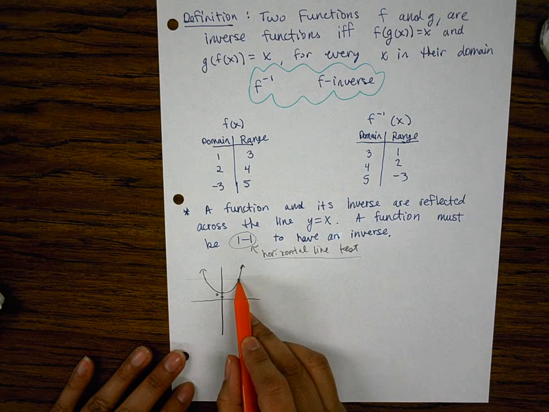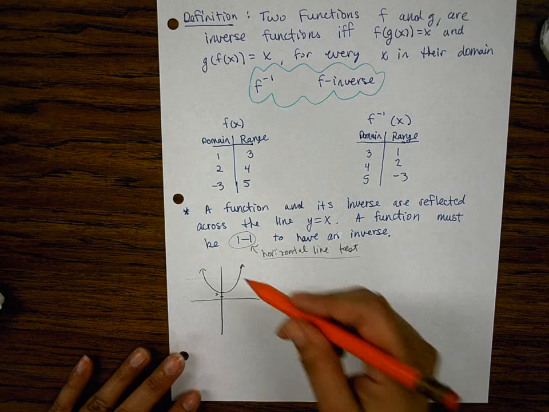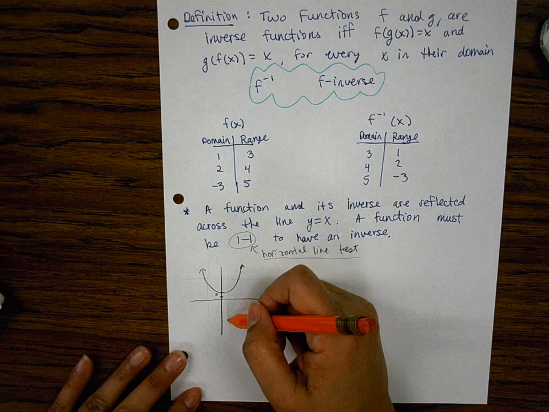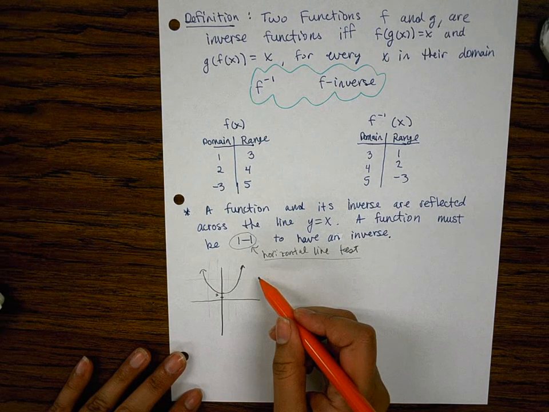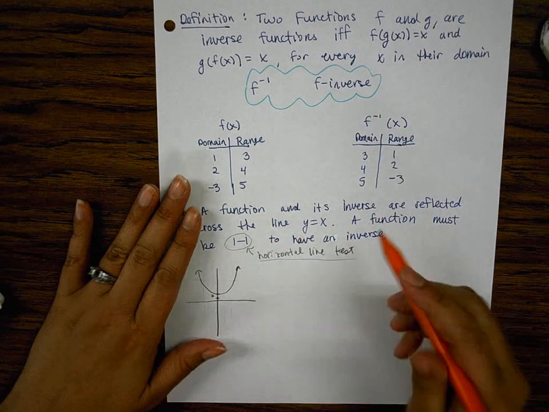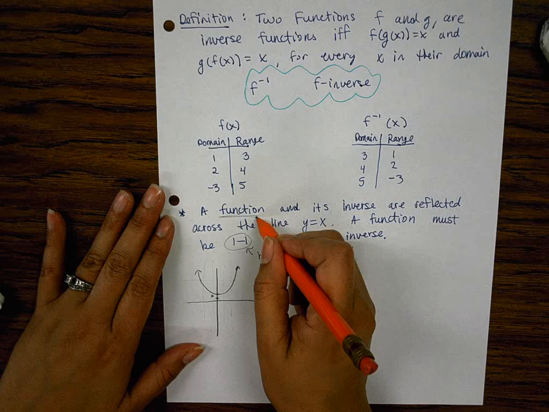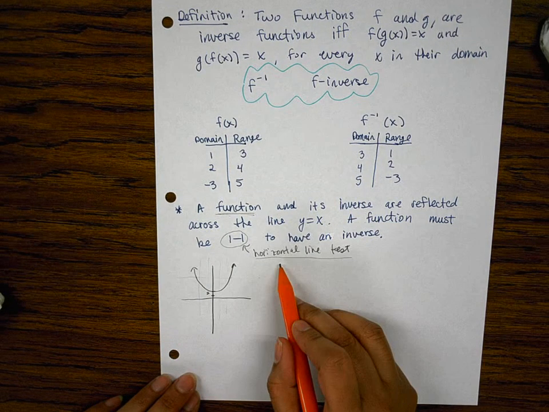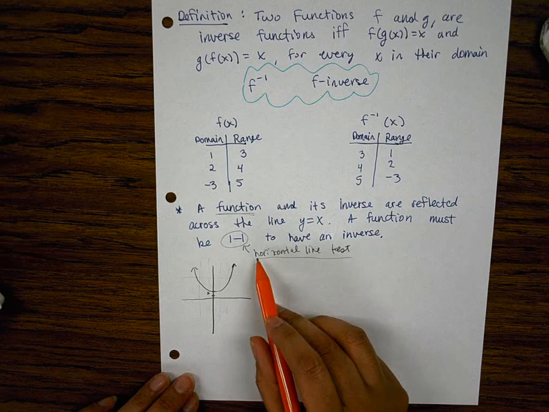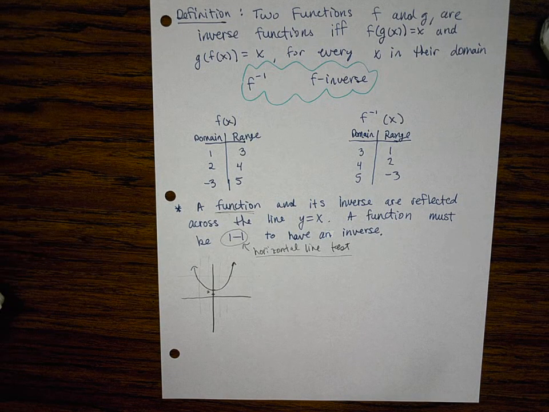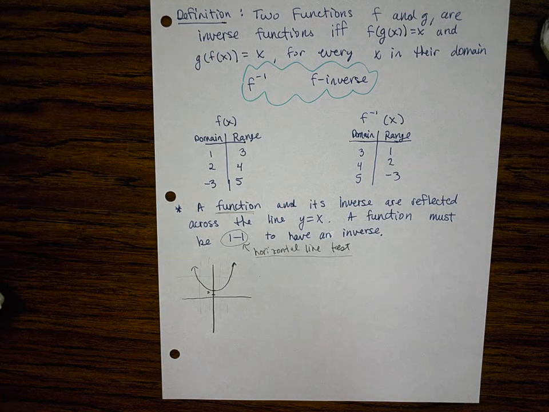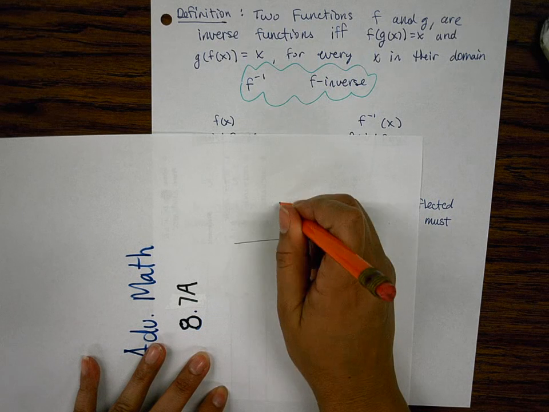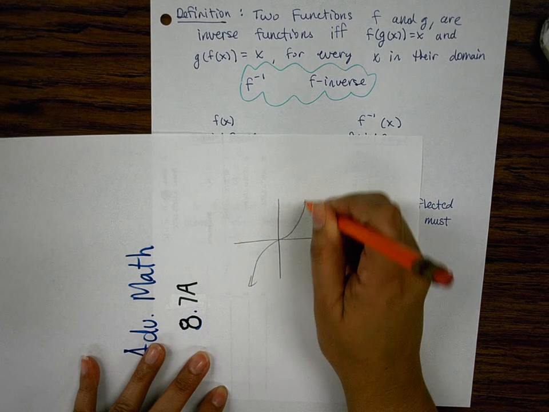If I were to draw a horizontal line, it would cross my parabola more than once. Just like the vertical line test, the horizontal line test should touch the graph only once. So this parabola is a function. It passes the vertical line test, but it is not a 1-to-1 function because it does not pass the horizontal line test. So that's what I was saying earlier.